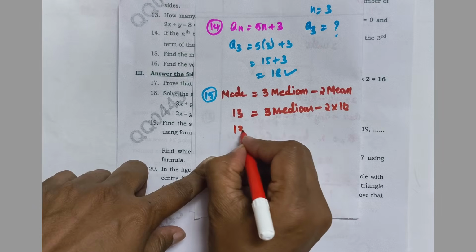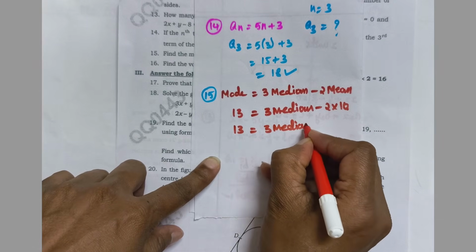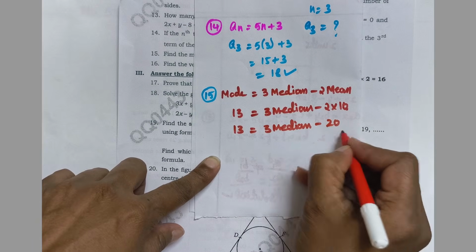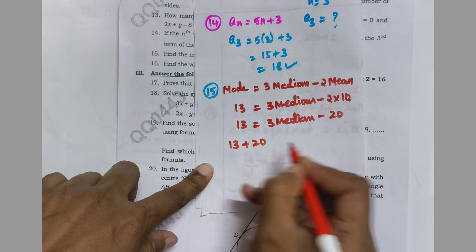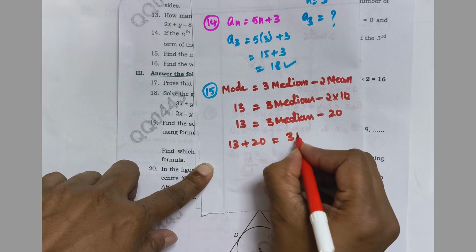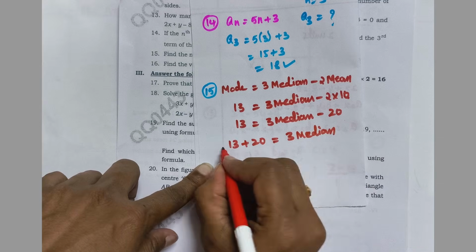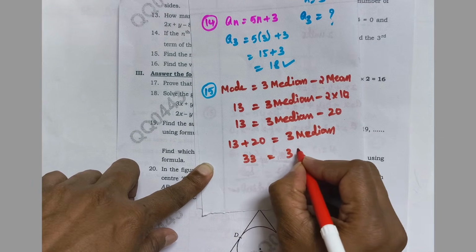See here, 13 is equal to 3 median minus 2 tens are 20. Minus 20 you take this side, 13 plus 20 is equal to 3 median. 20 plus 13, 33 is equal to 3 median.